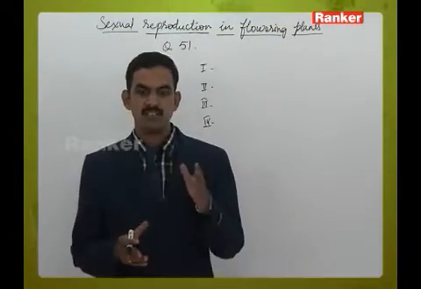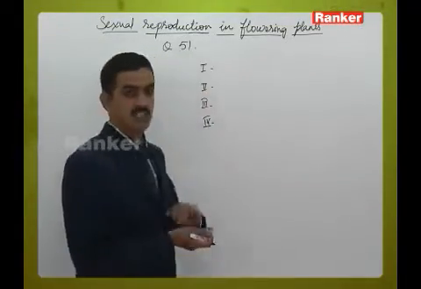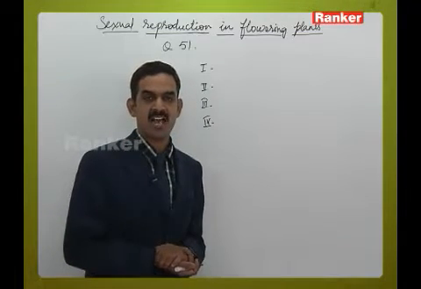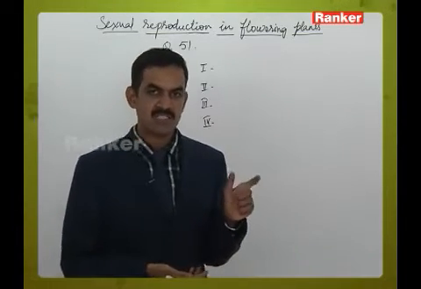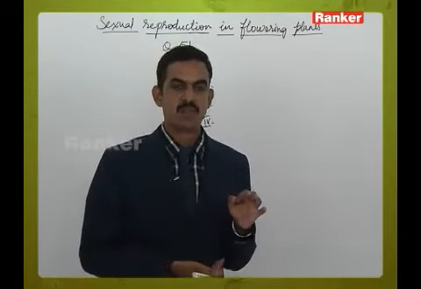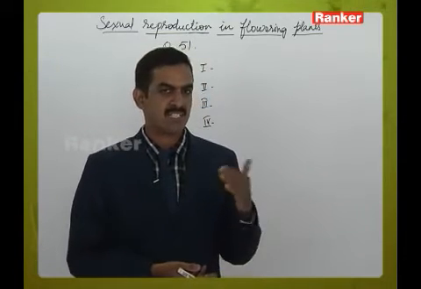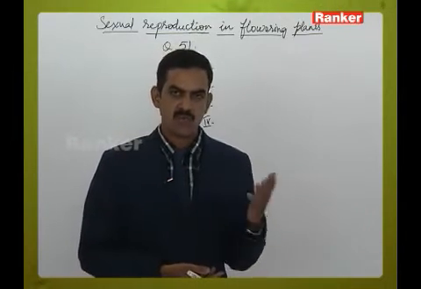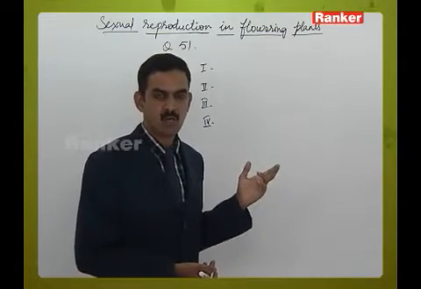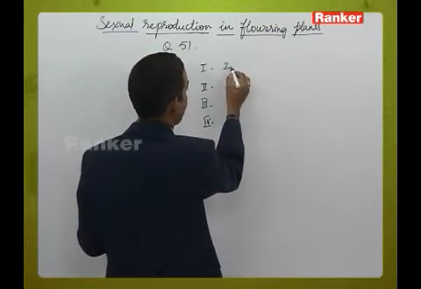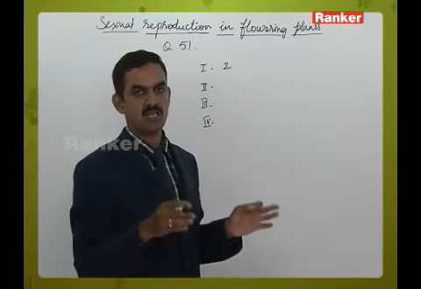Let's come to 1, the number of pollen sacs in an anther lobe. There is no need to think about monothecous or dithecous here, because one anther lobe contains 2 pollen sacs, whether it is monothecous or dithecous.